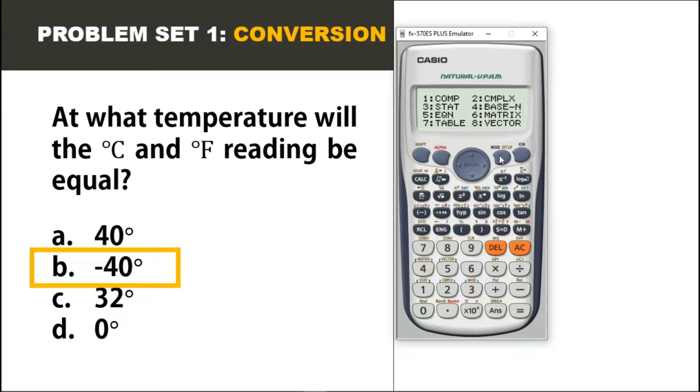For the mode stat, you can also use mode stat, that is 3. We have 2, and at 0 degrees Celsius we have 32 degrees Fahrenheit, and at 100 degrees Celsius we have 212 degrees Fahrenheit.